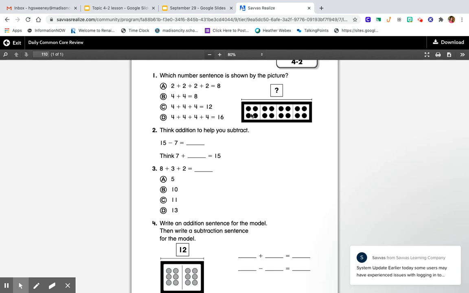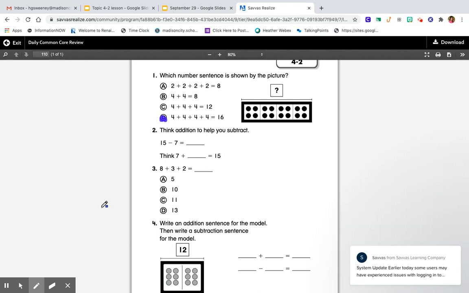But here I have 1, 2, 3, 4 groups of 4, so I know it's not B. Choice C, I have 1, 2, 3 4s being added, but again, my group has 4 groups of 4. D shows 1, 2, 3, 4 groups of 4 being added, which matches here. So my choice is D. 4 plus 4 plus 4 plus 4 equals 16.